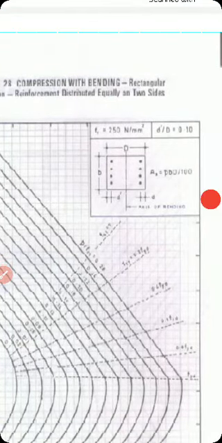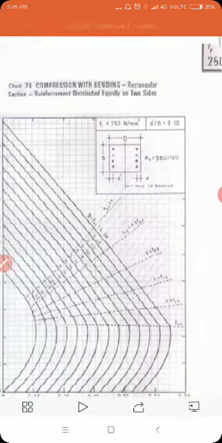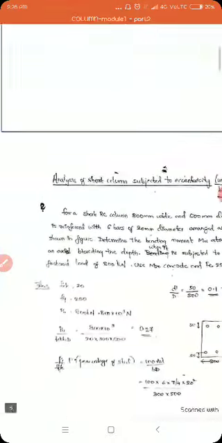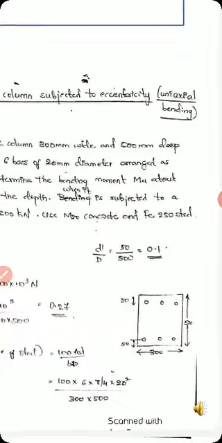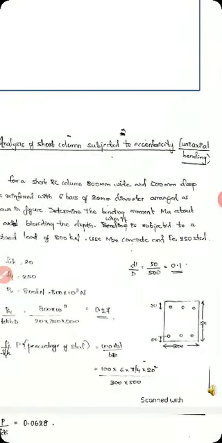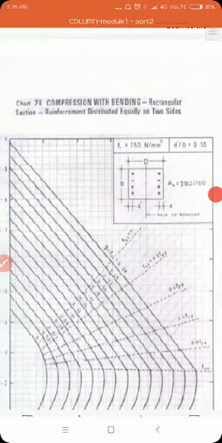This chart is used for fy equal to 250 Newton per mm square and d dash by D equal to 0.1, where d dash is the cover and D is the overall depth. In this question, the cover is 50 mm and the overall depth is 500 mm, so d dash by D is 0.1. So we select chart number 28 for the calculation.